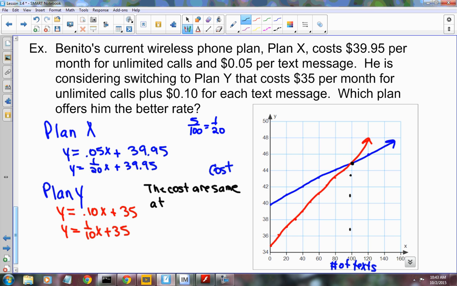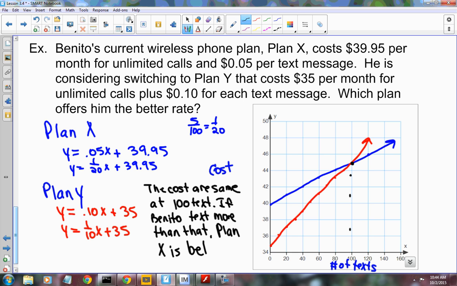So at $45 at 100 texts, the costs are the same. So if Benito texts more than that, plan X is better. If he doesn't, then Y is better.